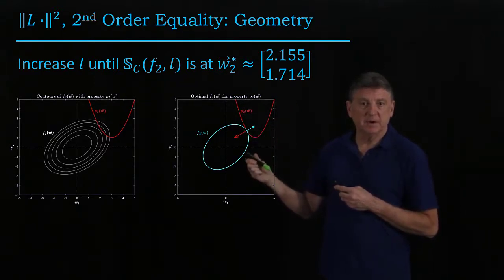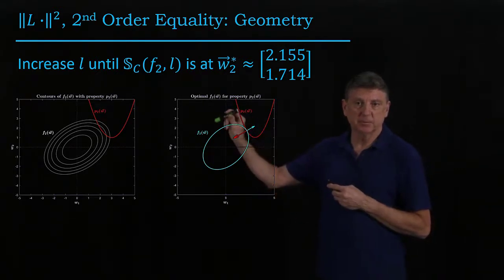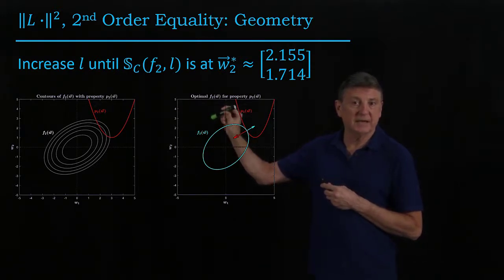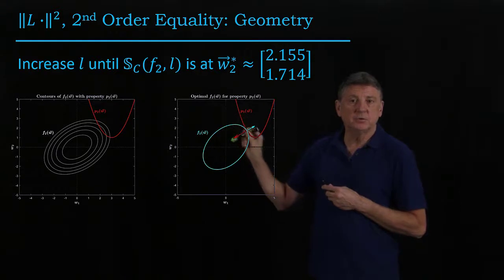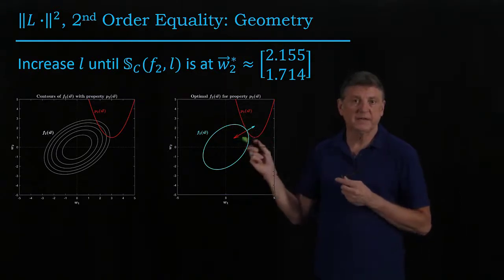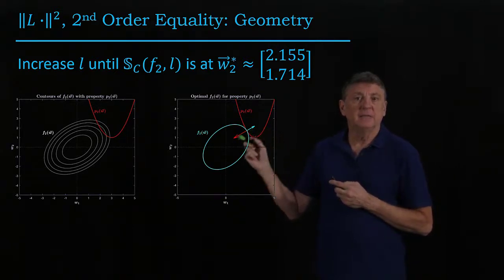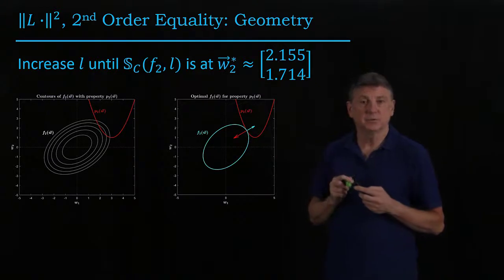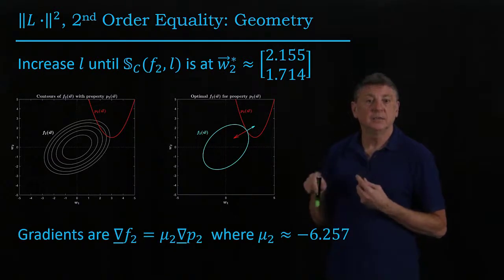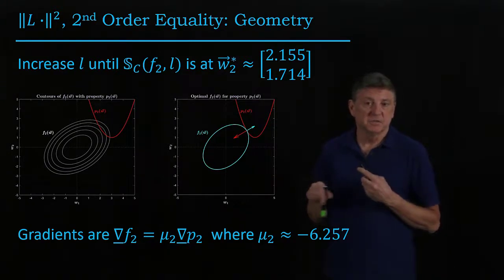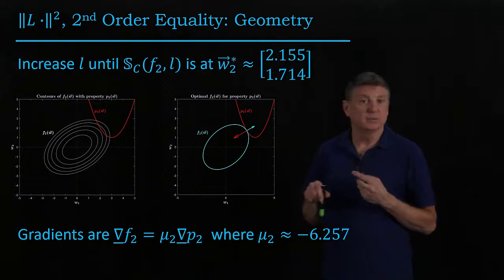Now, if we had picked some other place, the gradient would be pointing down like this, and if we picked some other point that was on the constraint function, it might be pointed like that. However, these two gradients, or the transpose of the gradients represented as vectors, are parallel and multiples of each other at this solution point. And indeed, we can compute what that multiplier is, and it's not a nice round value for this example, but it is a unique value.